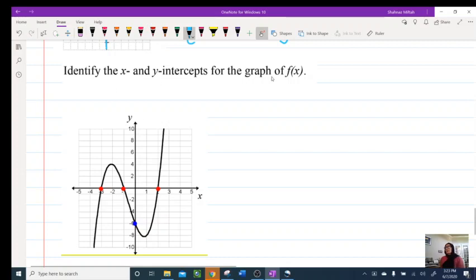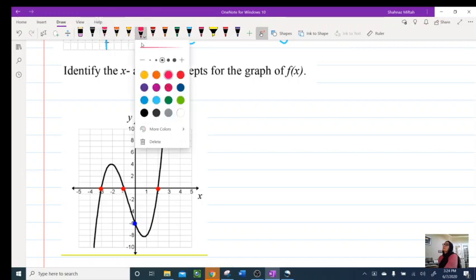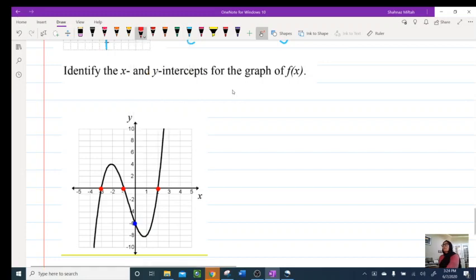Okay, identify the x and y intercepts of the graph. What is an x-intercept? Okay, let's do red. Is this red or pink? That's pink. This is also pink. Change this to red. Okay, red. Since these dots are red, these are all x-intercepts.